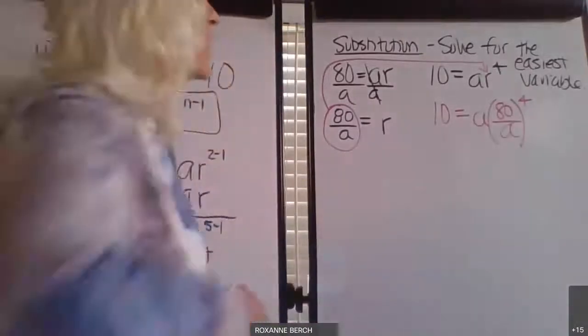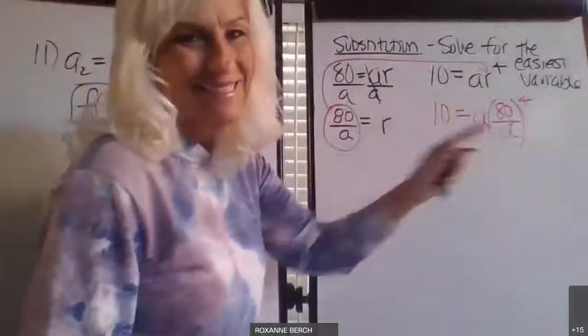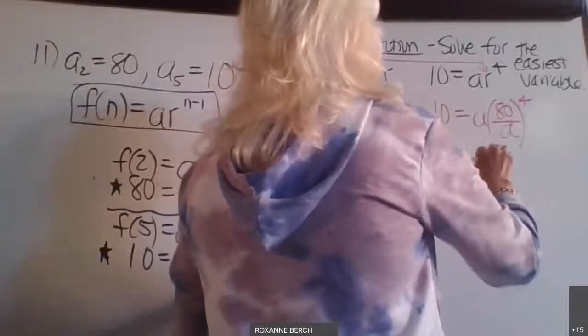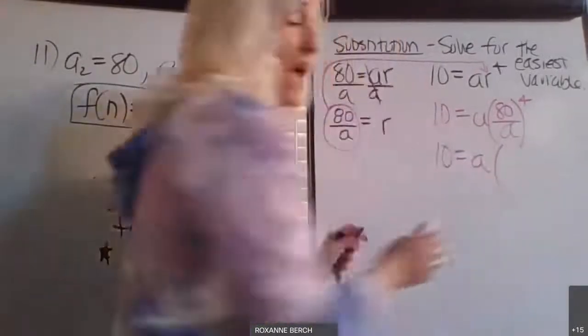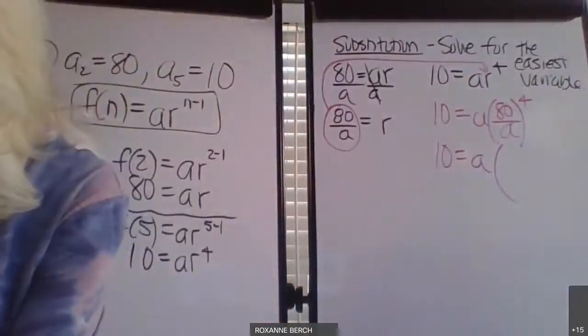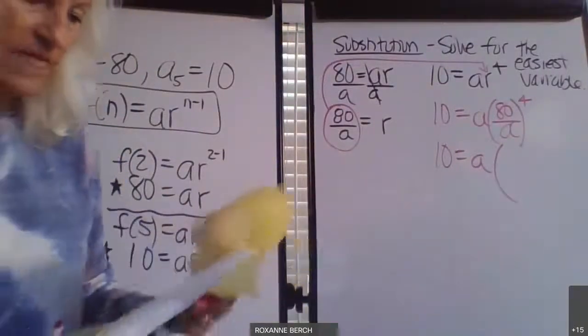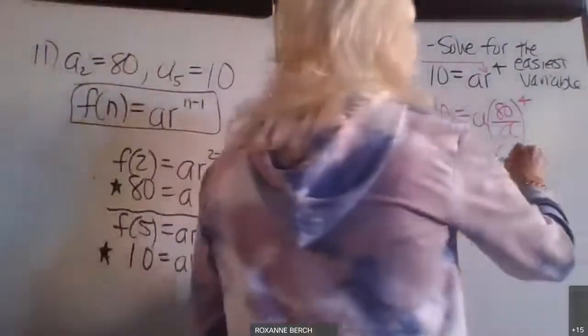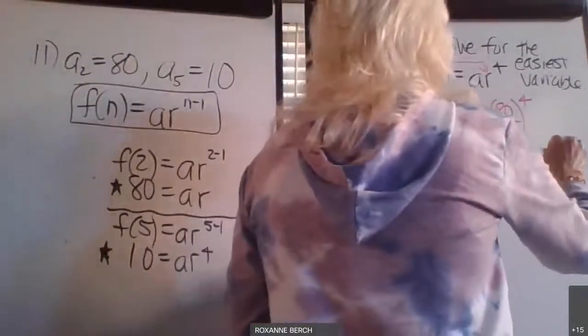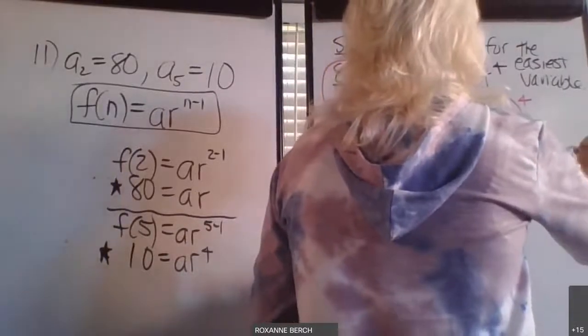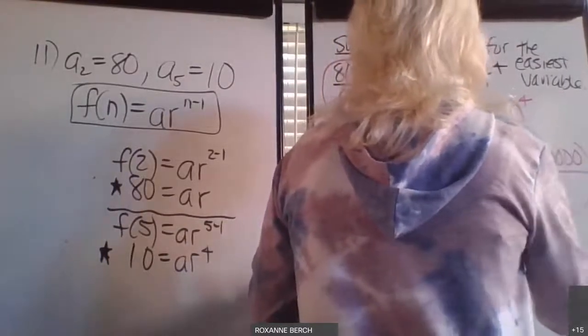Okay, here we go. So don't try to cross cancel or you'll violate the order of operations. What you have here is 10 is equal to a times a really big number. And this number is 4,096 with 4 zeros, over a to the 4th.